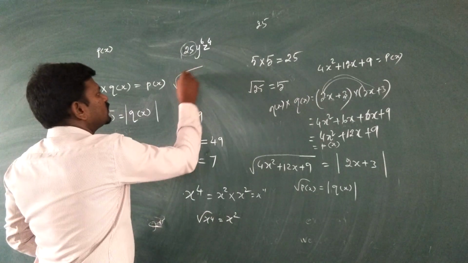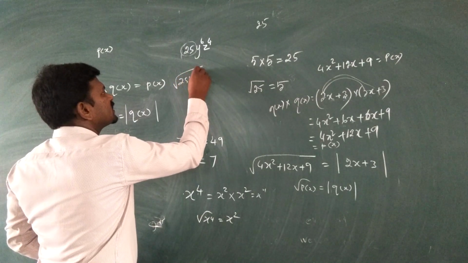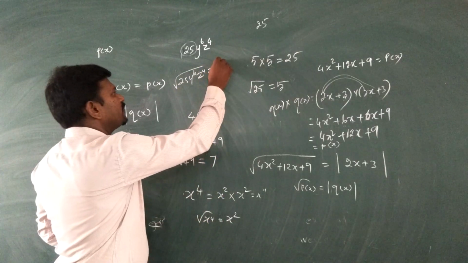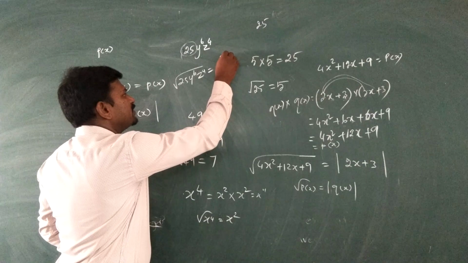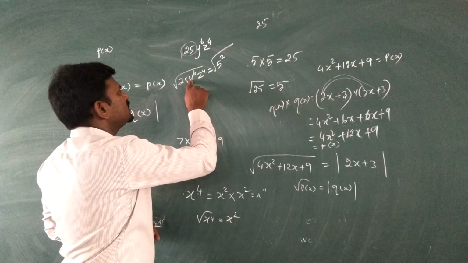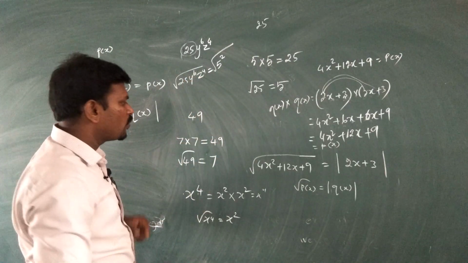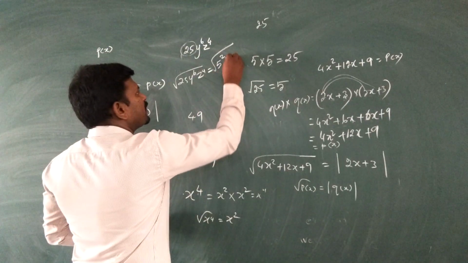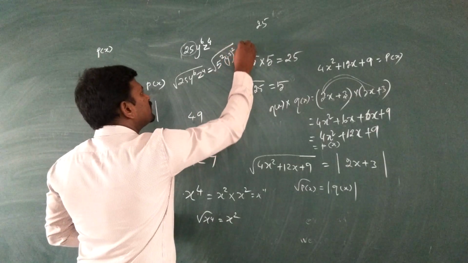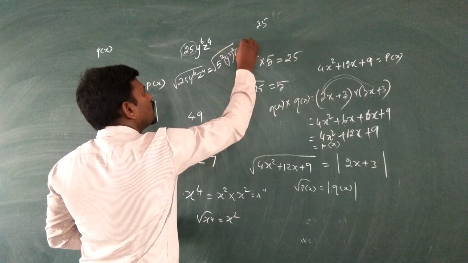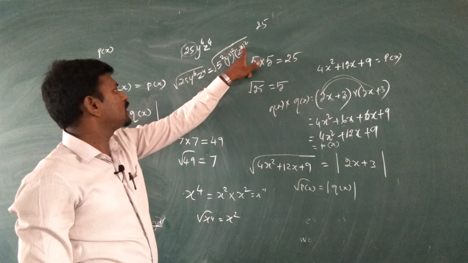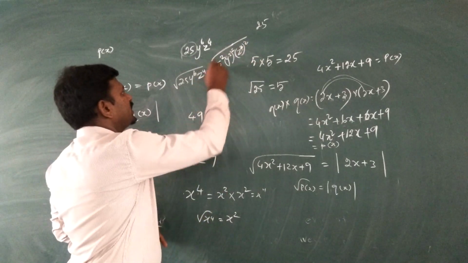So 25 y power 6 z power 4 can be written as 5 square, then y power 6 means y power 3 whole square, into z power 2 whole square. 2 3s are 6, 2 2s are 4, 5 square is 25.